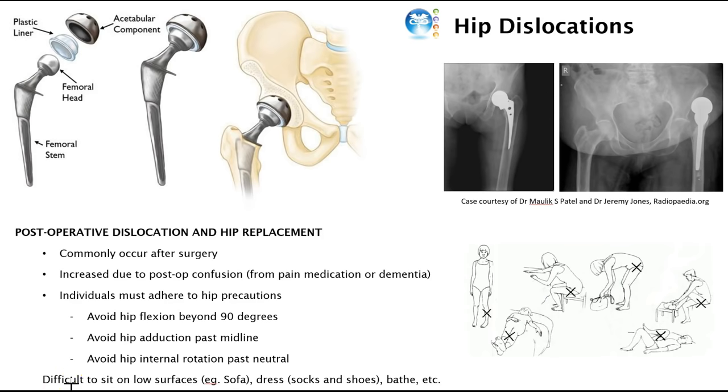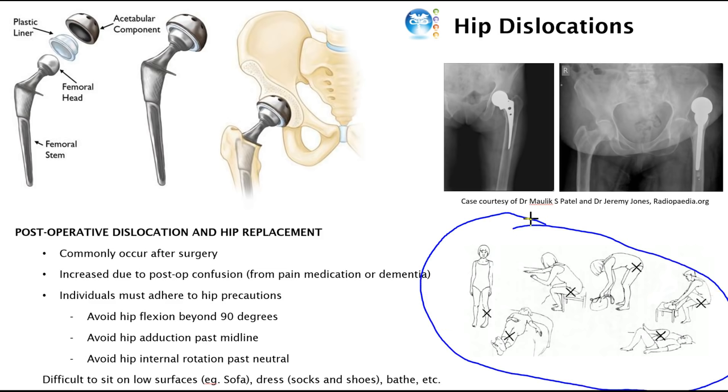A third common clinical scenario for hip dislocation is after hip replacement surgery, since the decreased integrity of a new joint enhances its vulnerability. Depending on the surgical approach, a series of hip precautions are often prescribed to help prevent a mechanical dislocation.